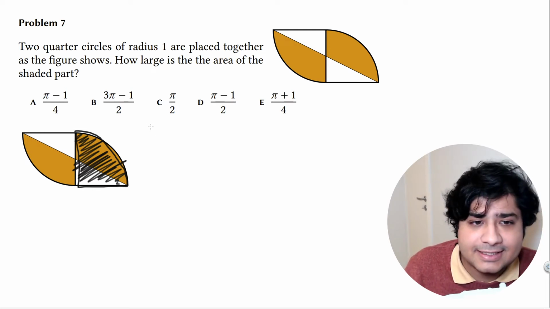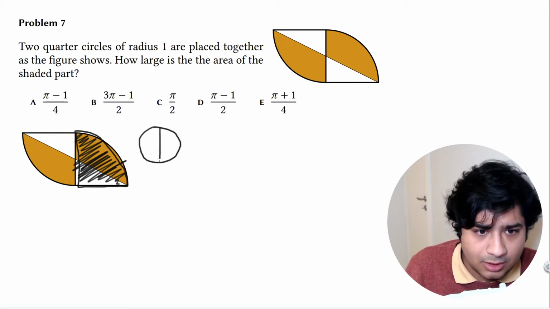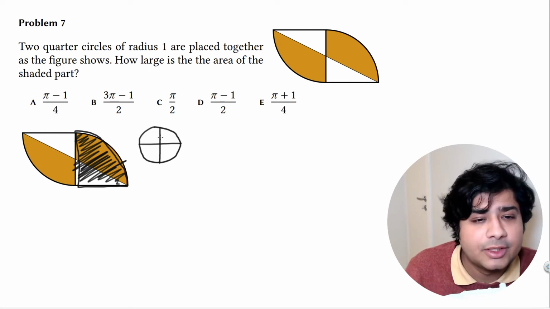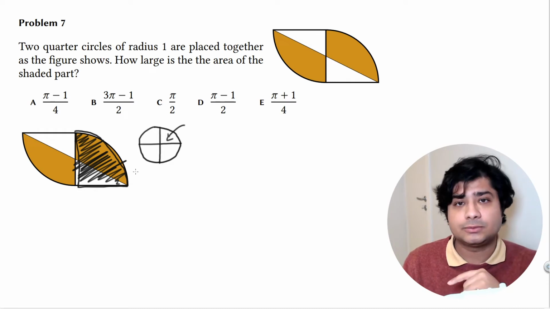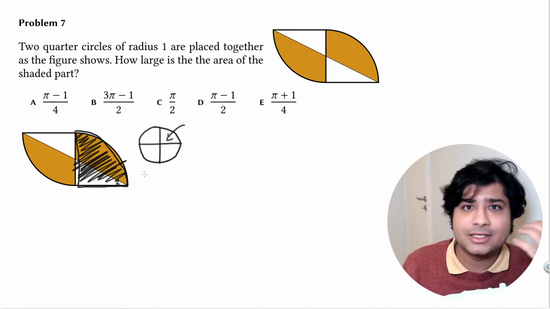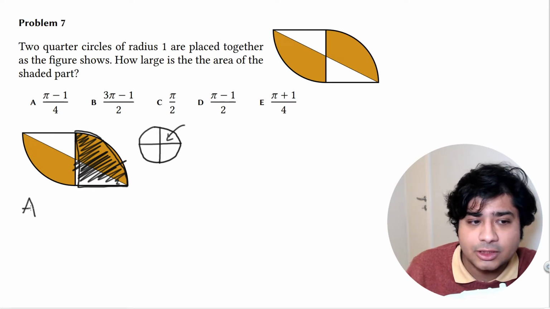Well, because this is a quarter circle, we would divide it into 4 parts, and then we would just use the area of this. Now, what is the area of a circle? That's something you need to know in this case. The area of a circle is pi r squared, r for radius.